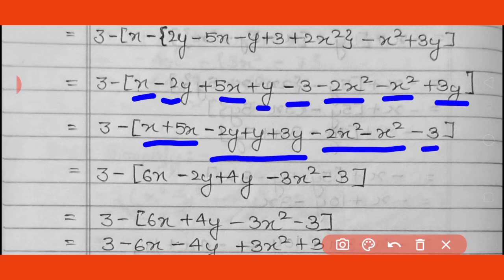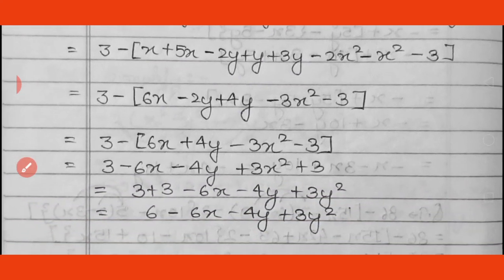Wherever the signs are the same, they will add, and wherever the signs are different, they will subtract. So 5x plus x, the signs are the same, so they add, it becomes 6x. And here 3y plus y added becomes 4y minus 2y. 2x square minus x square changes into minus 3x square, and minus 3.